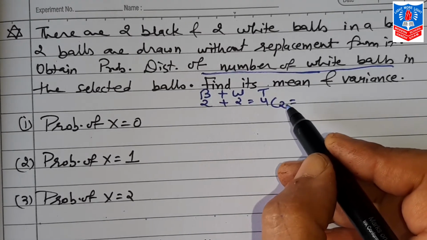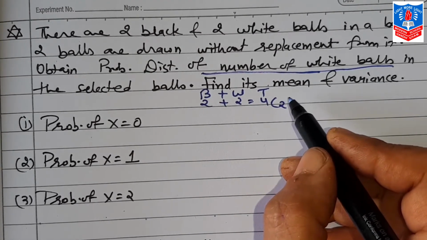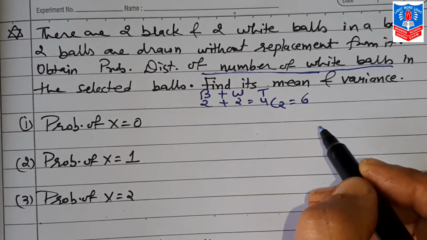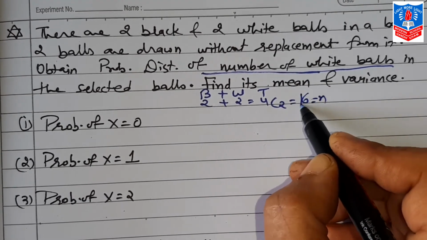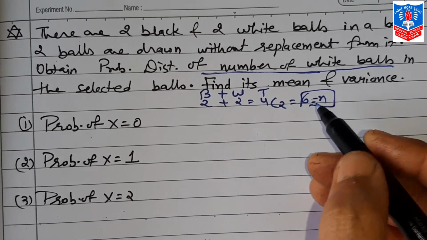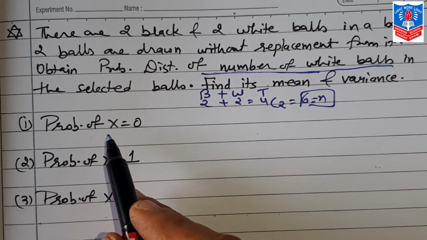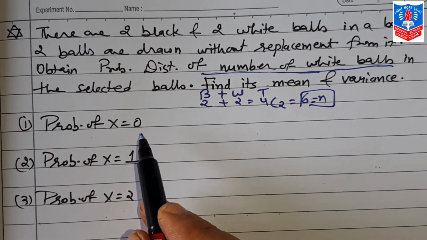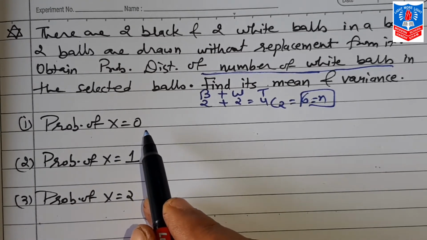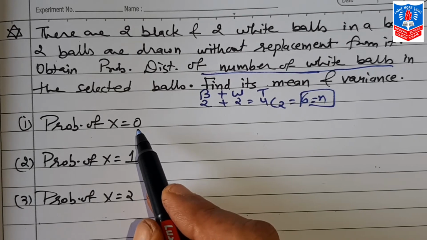So n will be 4C2, that will be 6. Okay, so value of n is 6. Now in this, first we find probability of x equal to 0. Why do we take 0?